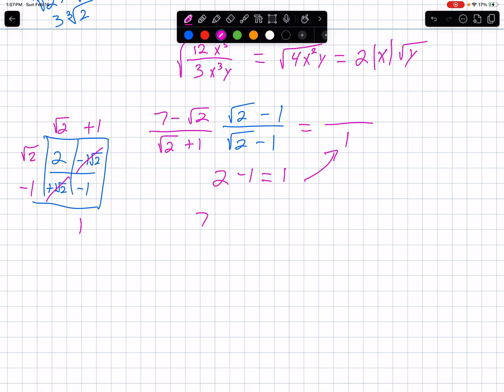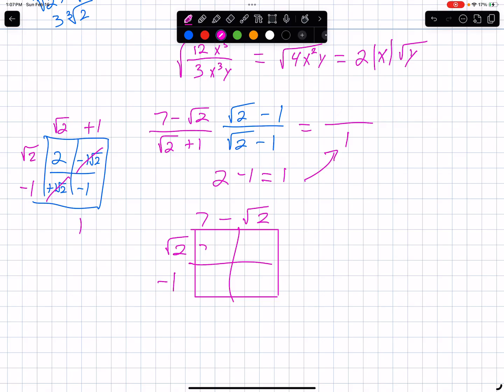It's okay. 7 minus square root of 2, and then times square root of 2 minus 1.